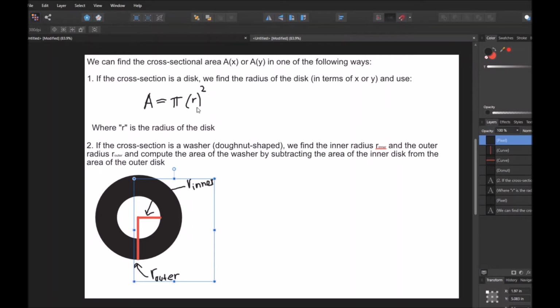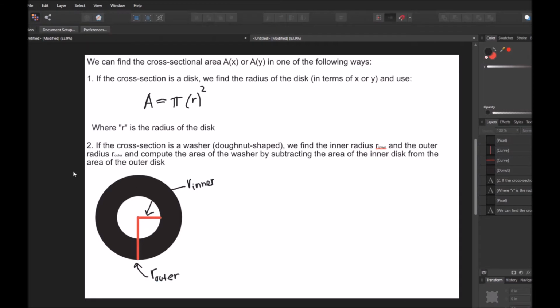And a disk is basically, in this case, just a solid circle. If the cross-section is a washer, which means it's shaped like a donut, it has a hole in the middle, we find the inner radius, which I've denoted as r sub inner, and the outer radius, which I've denoted as r sub outer, and compute the area of the washer by subtracting the area of the inner disk from the area of the outer disk.